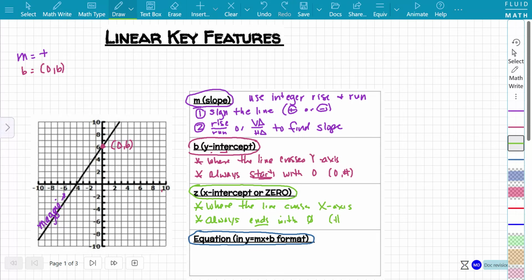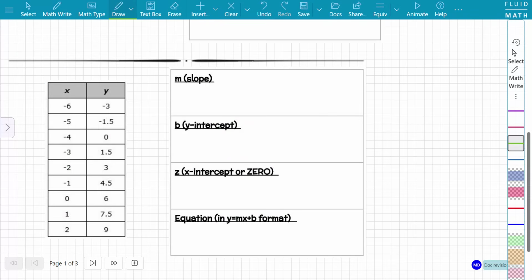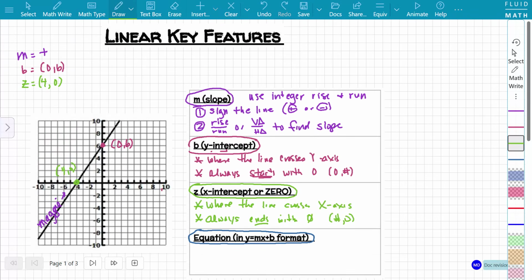So it will be a number, comma, 0 for its ordered pair. So we look for where it crosses the x-axis, and I can see right there at 4, 0 is where my line crosses the x-axis. Whoops, sorry about that. Okay?